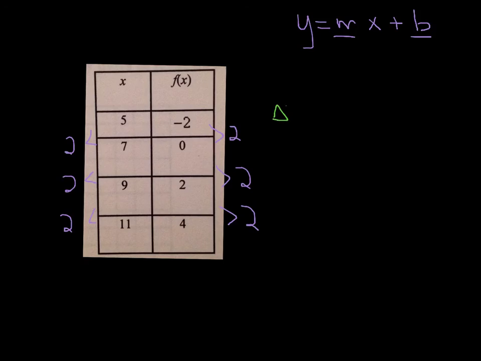So the change in y divided by the change in x is 2 over 2, which equals 1. So my slope is 1. And now the y-intercept. There's a 0 right here on the table, but that's not the 0 that we care about. You want to find where 0 is on the x-axis. So we're going to have to follow the pattern backwards to get to 0.